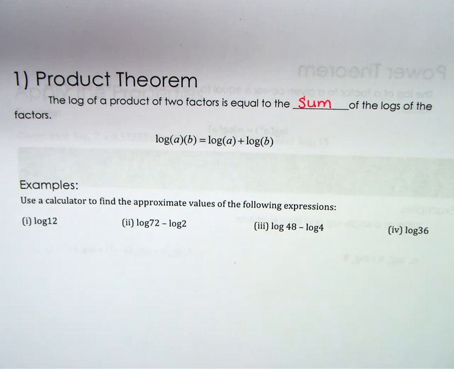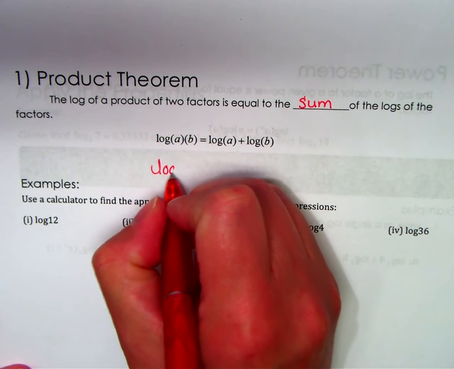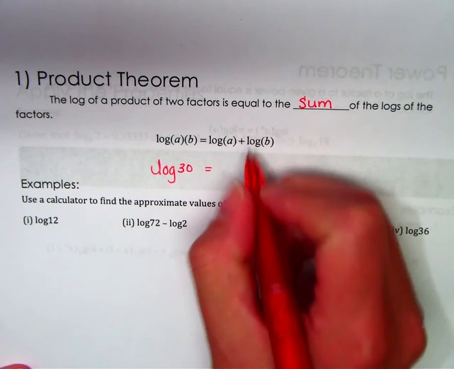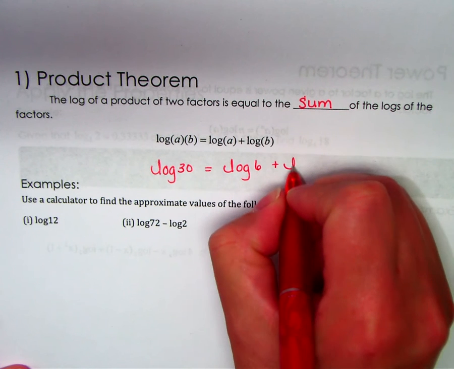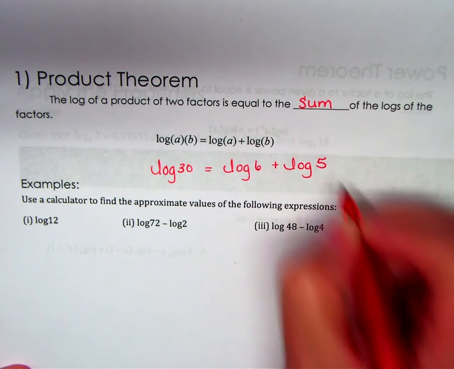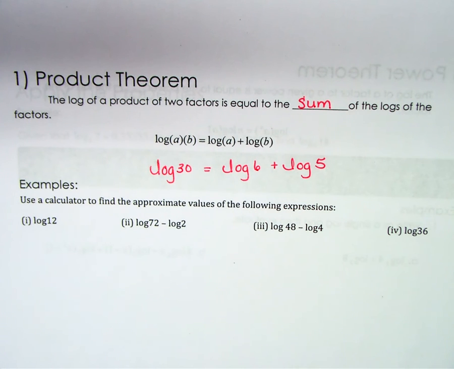So you guys discovered this. Log 30 had the same value as log 6 plus log 5, right? So we know that the factors of 30 can be broken out into these log laws.